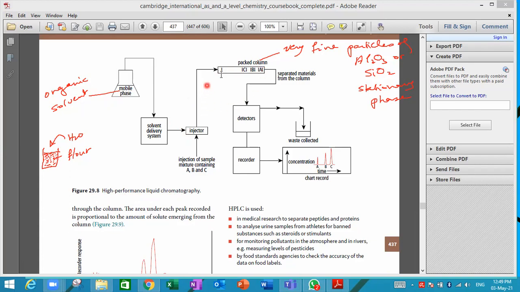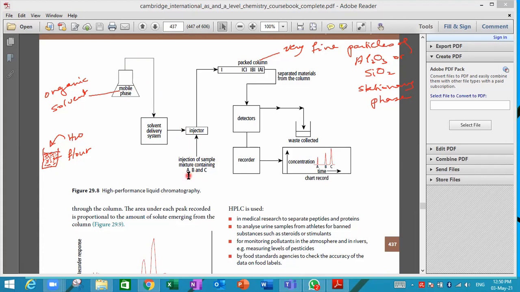Okay, so here, as we said at the beginning, we got this column, we filled it with very fine particles of alumina and silica, and we are going to put our mobile phase here in a reservoir in a certain container, and then the solvent delivery system, this is the pressure that we are going to apply. We are going to use a pump in order to pump the mobile phase from the reservoir and letting it be mixed with our mixture.